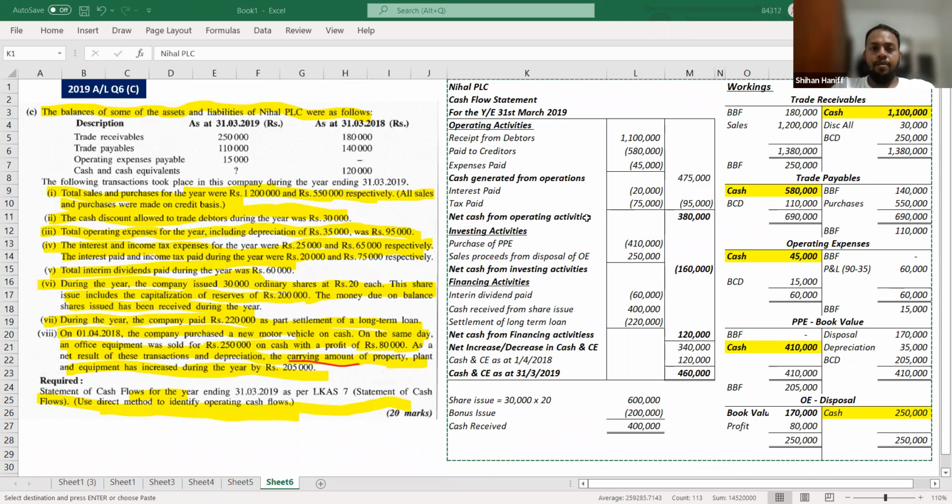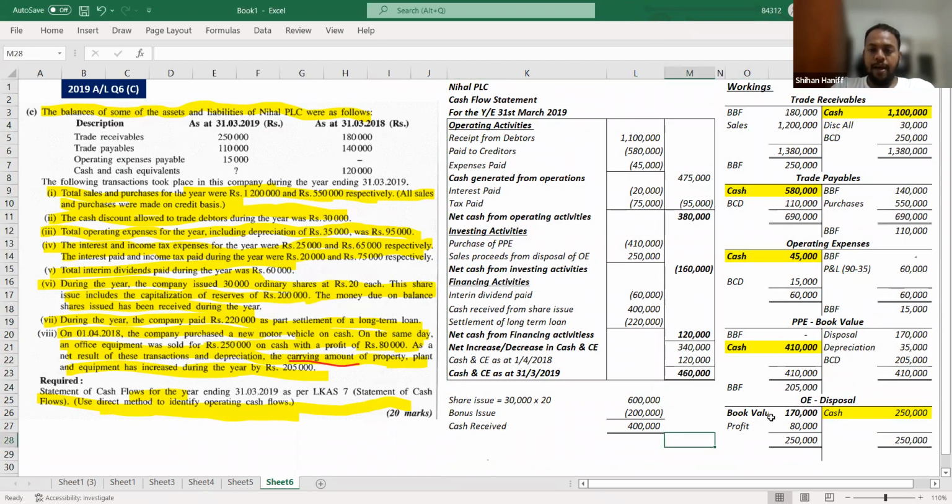You all can complete this, and I will share some other questions that I have done, and you all can do all the other questions and complete this chapter.